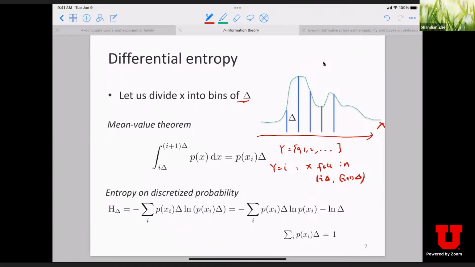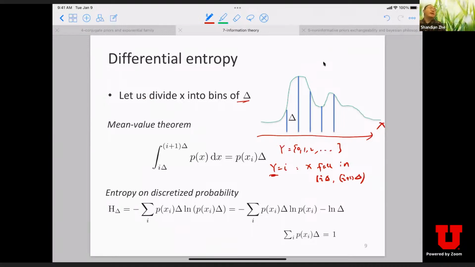It's hard to directly measure what information x contains, so I just look at the events that the x value falls in some specific region or bin. That means x can take values in bin 1, bin 2, bin 3, bin 4, and so on. Then I convert x into a discrete variable y, and I can try to compute the entropy of y.